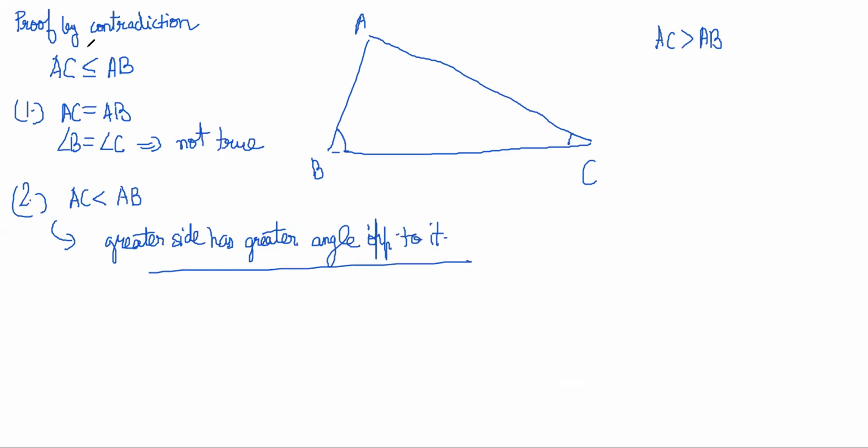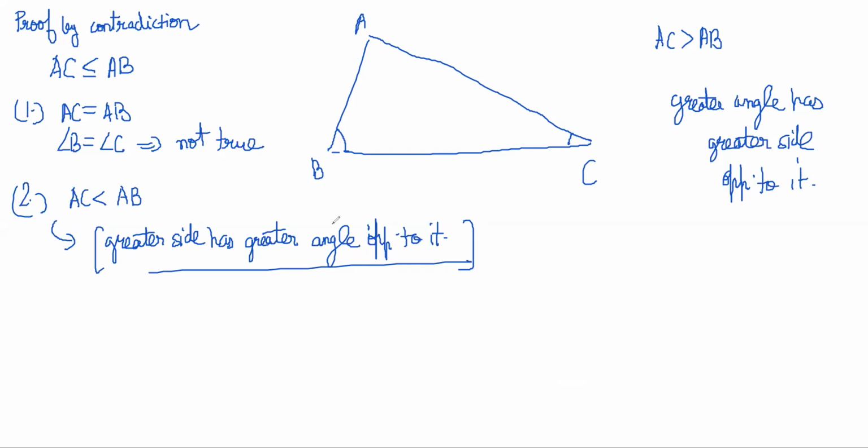This is the opposite of the statement we wanted to prove, which was that greater angle has greater side opposite to it. We are doing a proof by contradiction, and in one of the cases, AC is less than AB, I want to use this result.